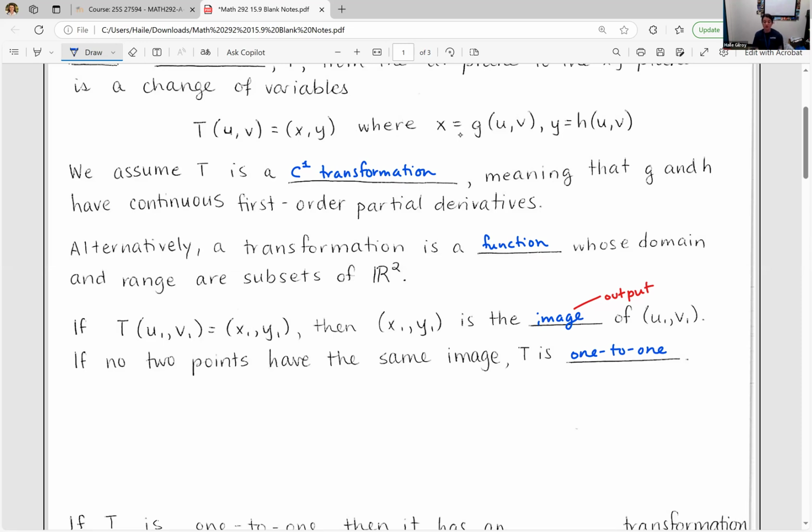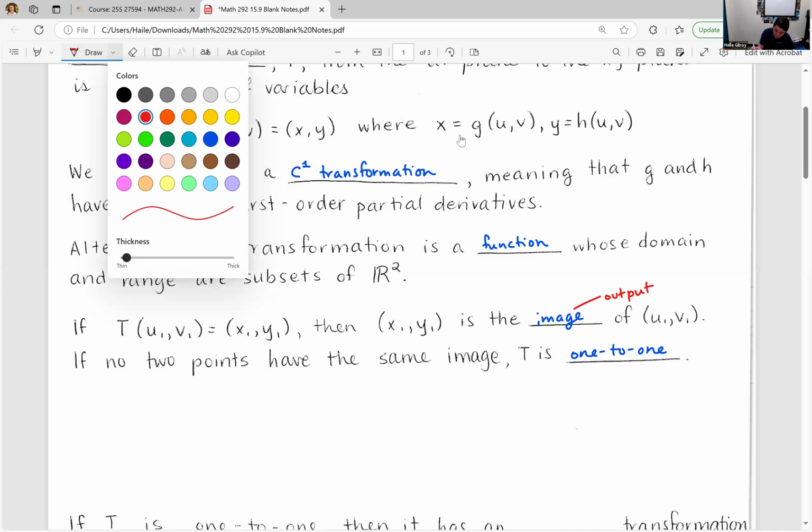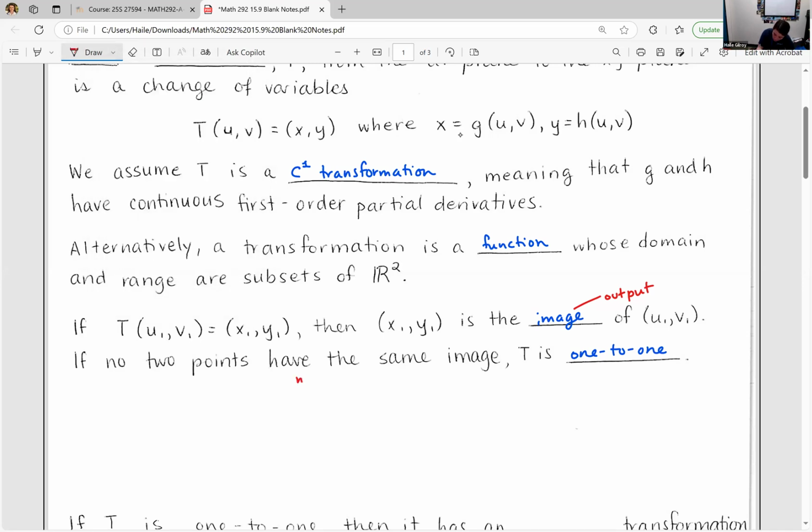To be a function, you don't have repeated inputs. And if something is one-to-one, you don't have repeated outputs. That's what it means when it says no 2 points have the same image. So I'll write that in red: no repeated outputs.